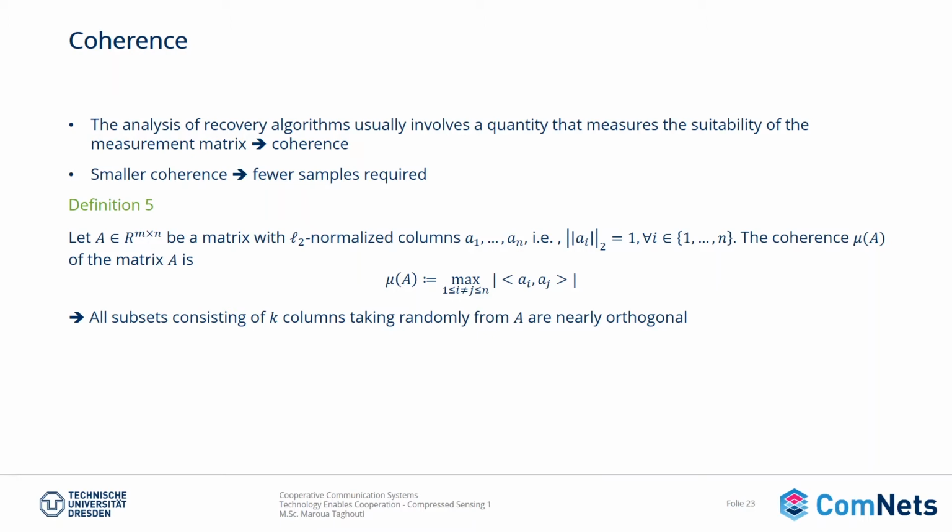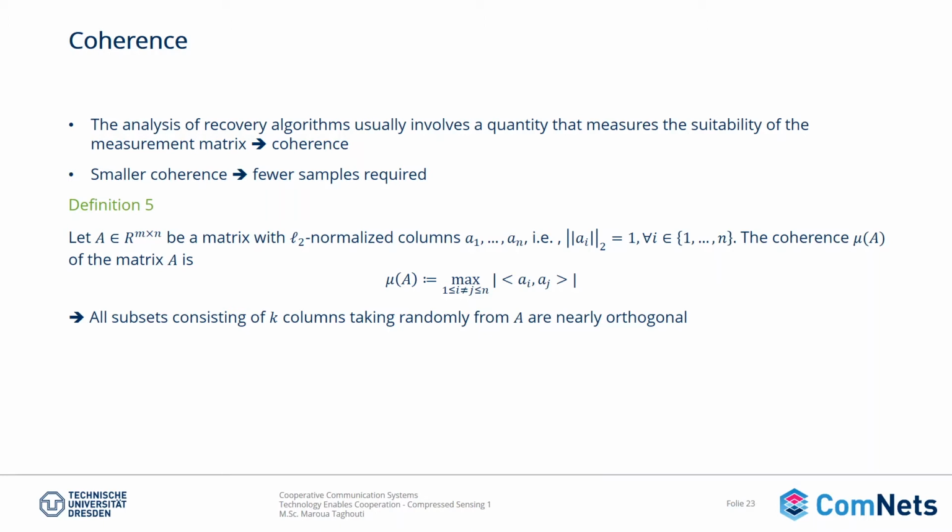And the smaller this coherence is, the fewer samples or measurements we would require. So I can actually reduce the size of my output compressed signal to a maximum if I have a very, very good coherence.